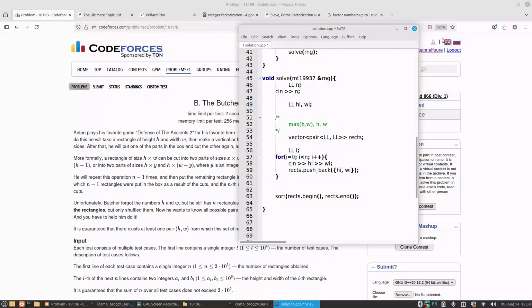Oh. Yeah, there is. Yeah, the first cut will always have either a maximal height or maximal width.